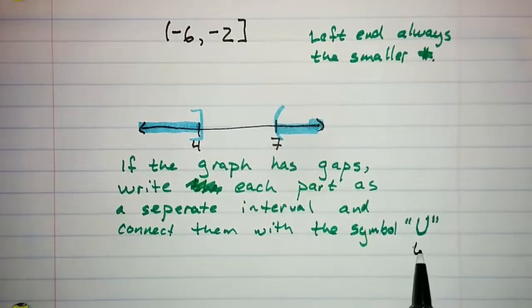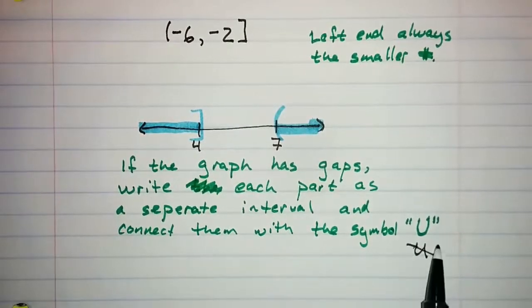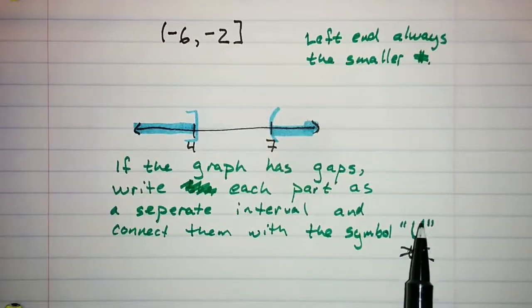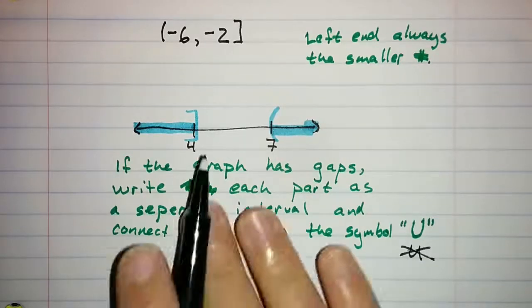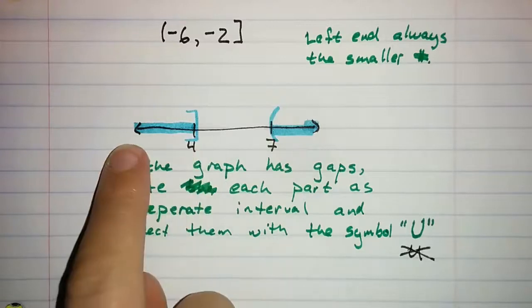Note, do not write U with a tail. The U for union symbol is just the plainest possible U you could write, and it's the size of a capital letter.